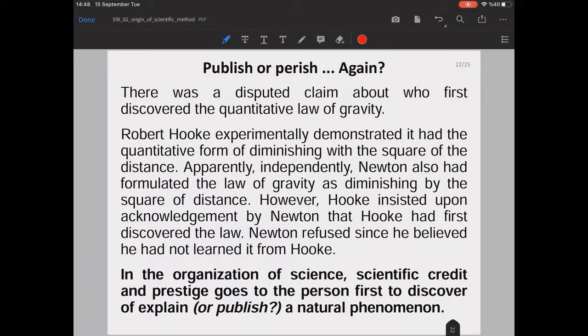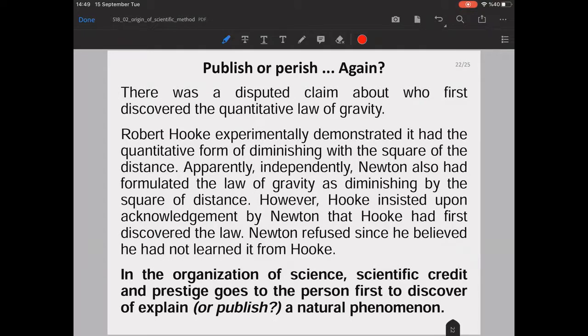There was a disputed claim about who first discovered the quantitative law of gravity. Robert Hooke experimentally demonstrated it had the quantitative form of diminishing with the square of distance here. Apparently and independently, Newton also had formulated the law of gravity as diminishing by the square of distance as well, at around the same time.